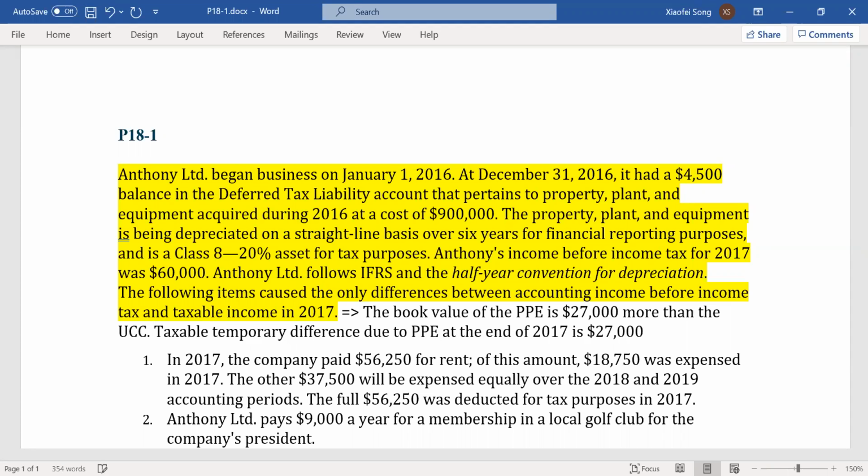If you get that part, and it was a large number, a long calculation before you get to it, this is the relevant part. Book value of PPE is $27,000 more than UCC.